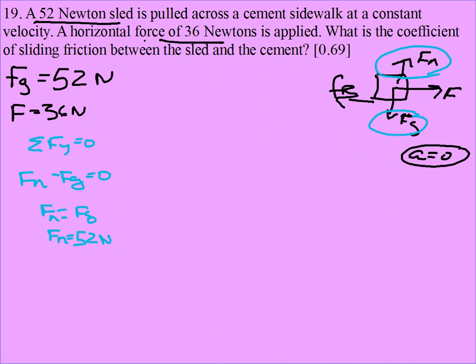Next, I'm going to sum the forces in x, and it equals 0 because my acceleration is 0. So I have my applied force going to the right, and then subtracting friction, which is going to the left.